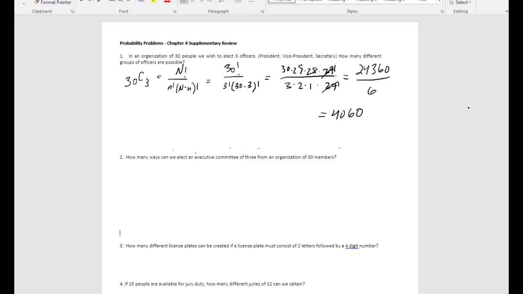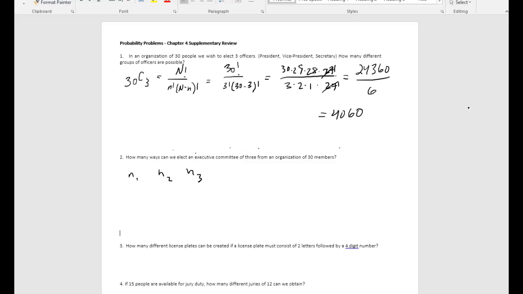So like if we have 3 different committee members, we have N1, N2, and N3, and we just multiply the number of options that each different phase has, right? So if we were to look at this executive committee and we wanted to choose a president, how many different options for president would we have?